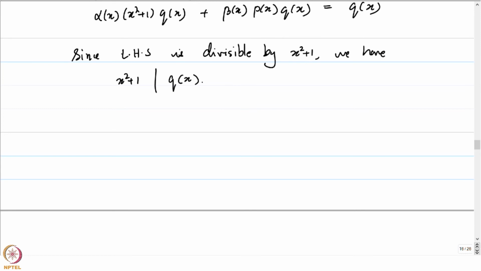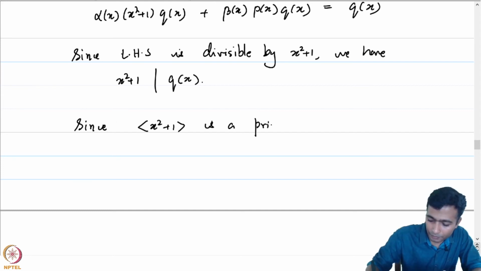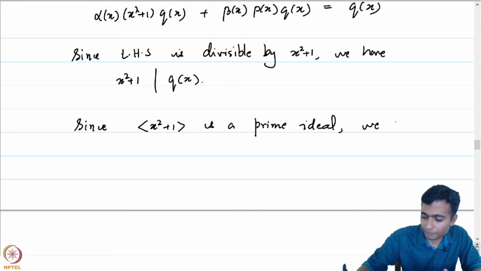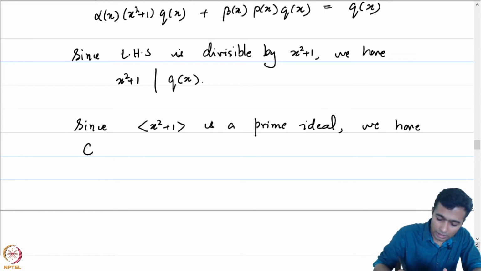And therefore we defined C to be the quotient of R of x by this particular prime ideal. We know that when we go modulo a prime ideal, we get an integral domain. Since x square plus 1 is a prime ideal, we have C is an integral domain.